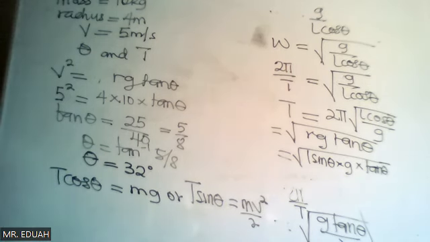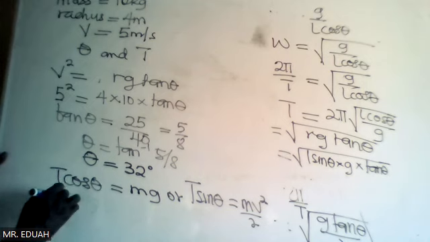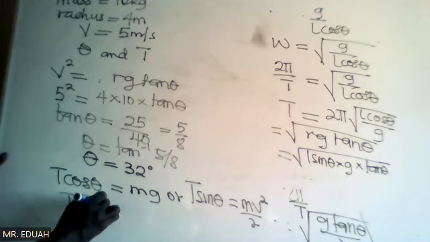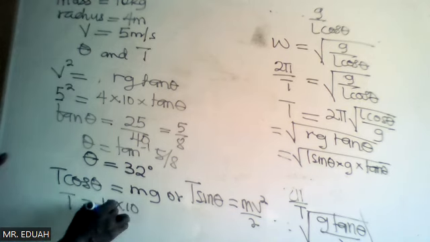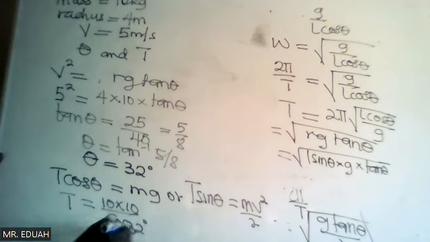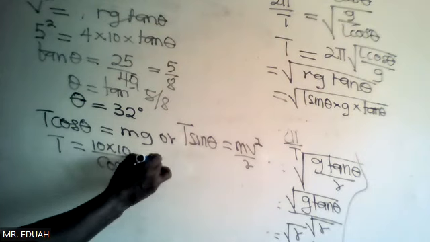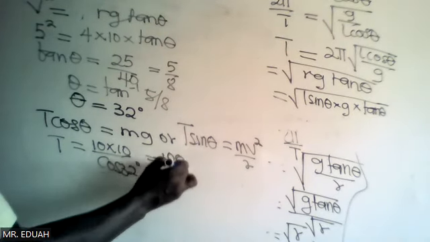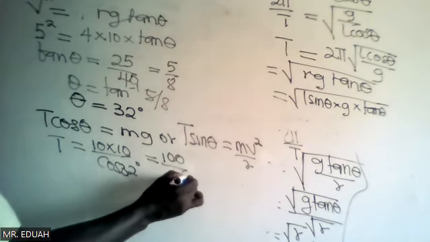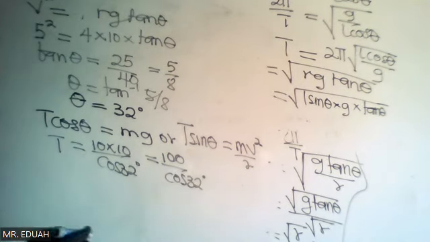Any of these must give you the tension. So T is equal to 10 times 10 divided by cos 32. So 100 divided by cos 32 degrees. Calculate it for me.